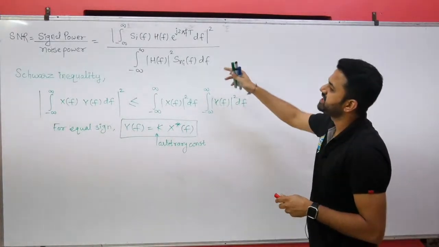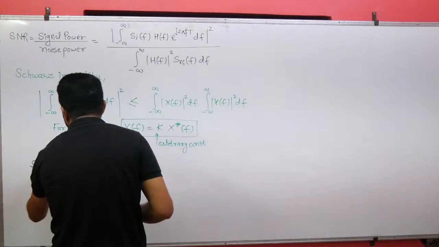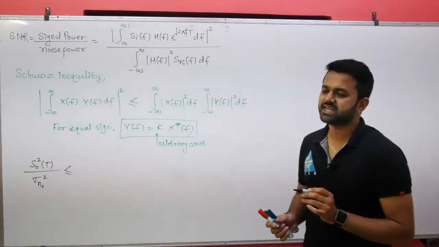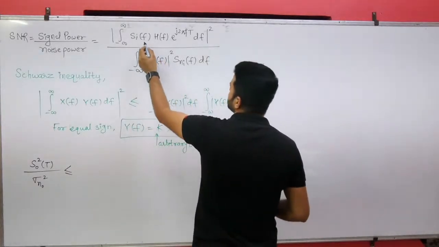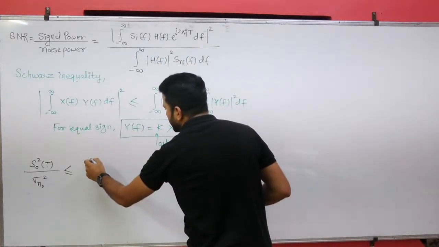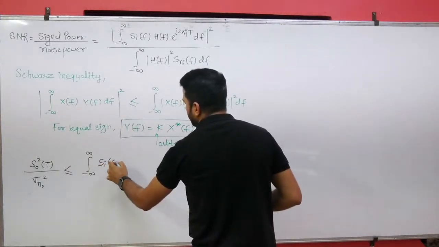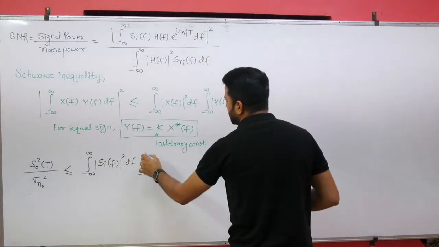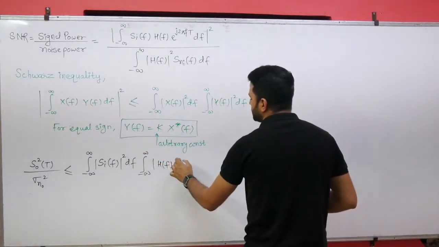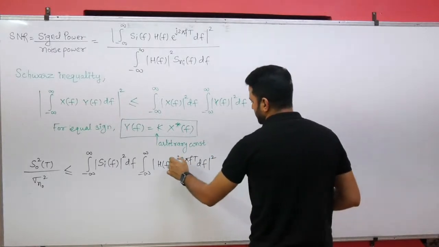Okay, so let's apply it in our case. In our case, the signal power, which is S naught square T, and the noise power, sigma n naught square, will always be less than or equal to the following. If this is x of f and this is y of f, then x of f is the magnitude square of Si of f, df, and y of f is the integral from minus infinity to infinity of h of f e to the power j 2 pi ft df, whole square.